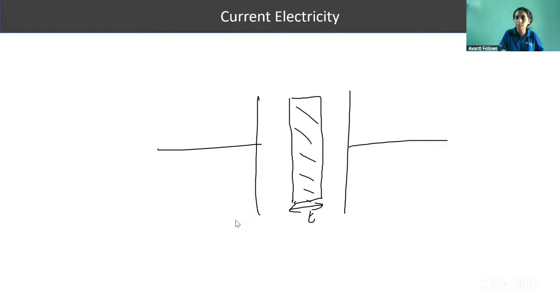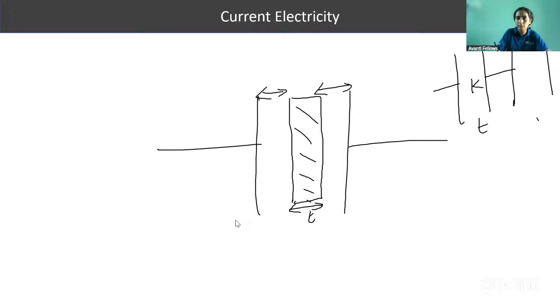One will be a capacitor of distance T between the plates having dielectric K in between, and another capacitor will be of thickness, this portion and this portion added, so D minus T, with area of plate A. Here there is vacuum, so simply you have to add two capacitors in series. Done it? And that way you will get the answer.